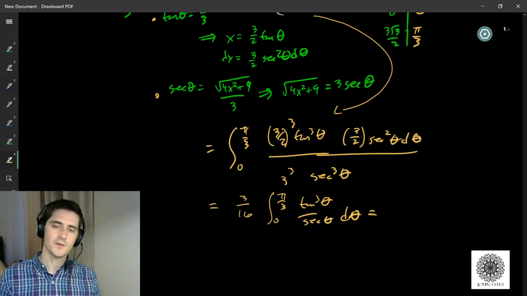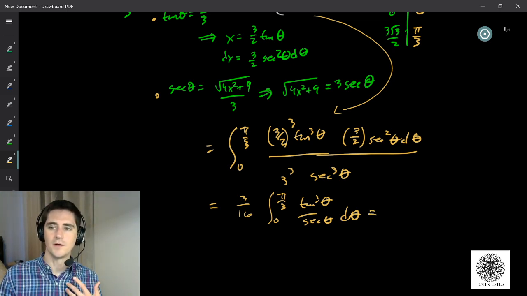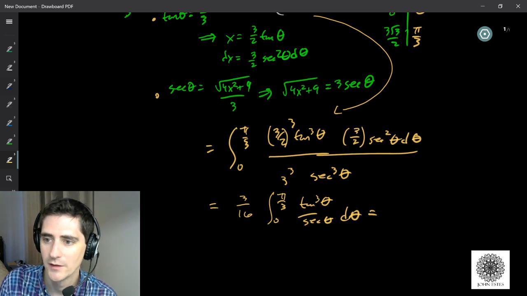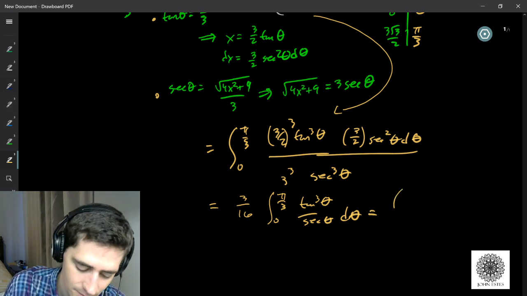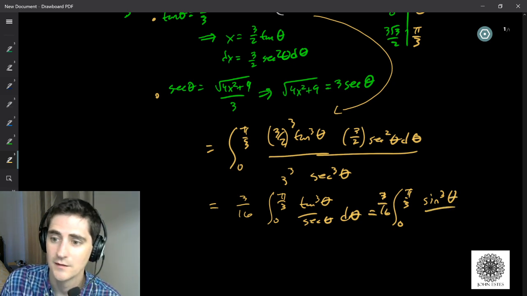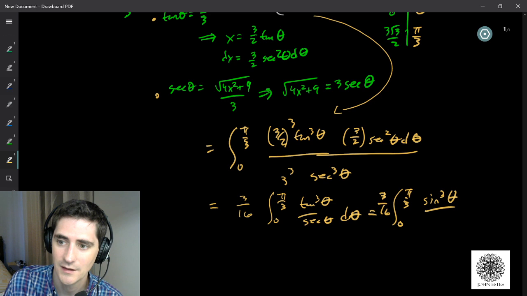We can't use the u-substitution here, so you want to go to a trig identity, or go to sine and cosine world. So here we end up with 3/16, 0 to pi over 3, sine cubed theta over... secant is the same thing as 1 over cosine.